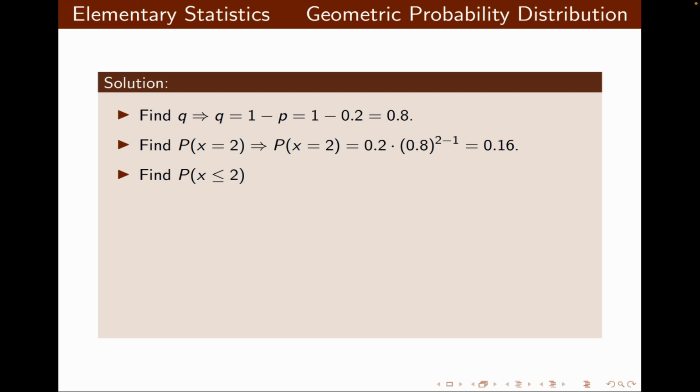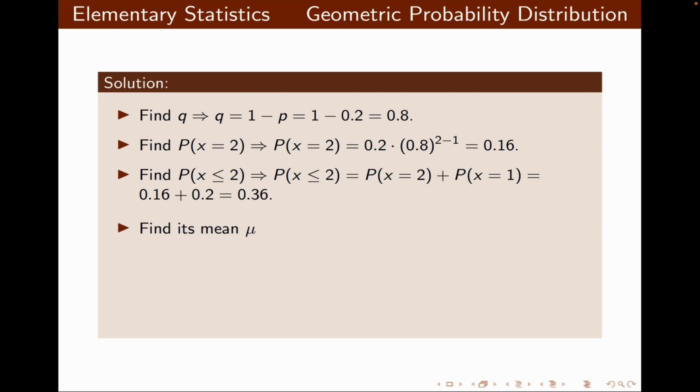To find the probability that x is less than or equal to 2, meaning the first success happens on the second trial or prior to that on the first trial, we're going to find the probability that x is 2 plus the probability that x is 1, and the answer for that is 0.36.